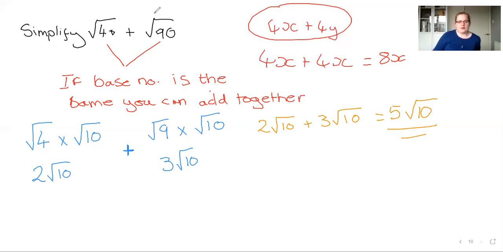So another example. We're going to write root 27 plus root 48 in the form a root 3, and a is going to be an integer again. This is where we have some of the overlap, where we're getting told what form to write it in. It's nice, it helps us, it tells us what we want.